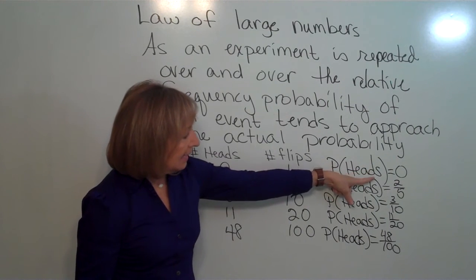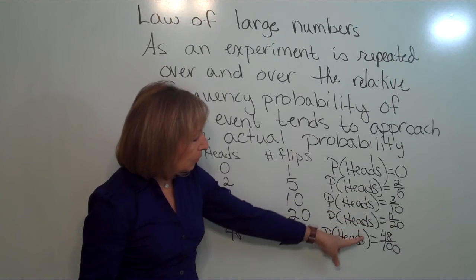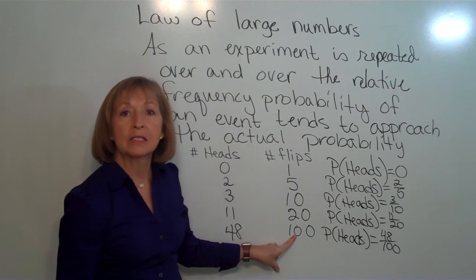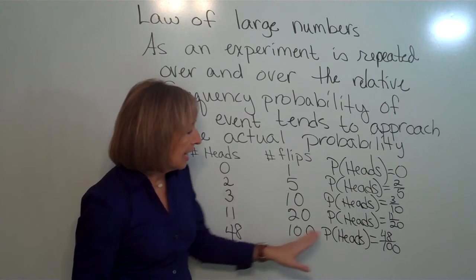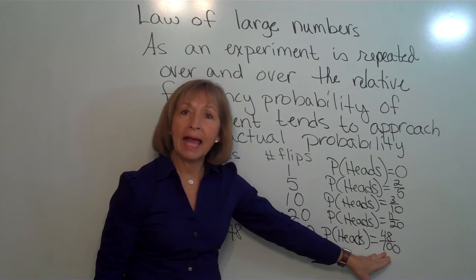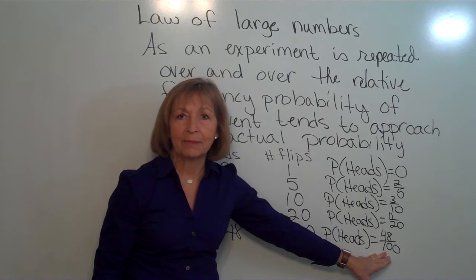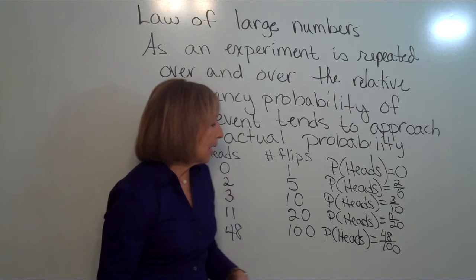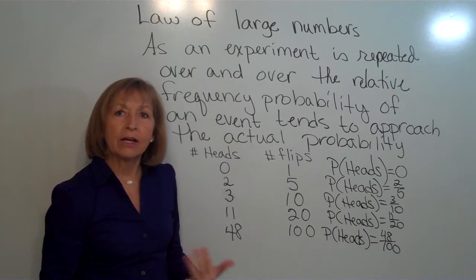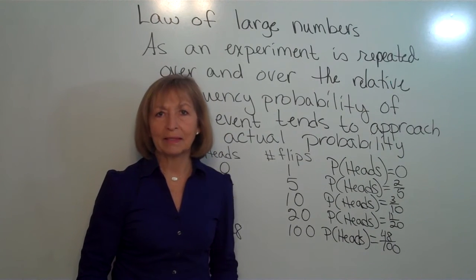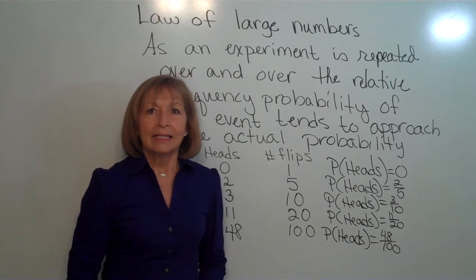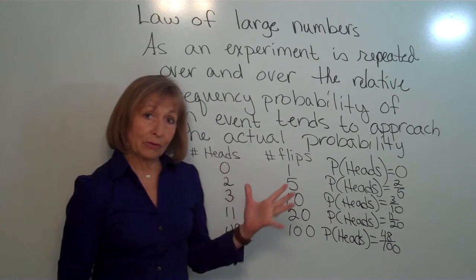And as I see, when I got further and further with repeating the experiment over and over and over, I got closer to 1/2 as a probability assignment with my empirical probability than when I had a fewer number of times doing the experiment itself. Now, that gives us the empirical approach.